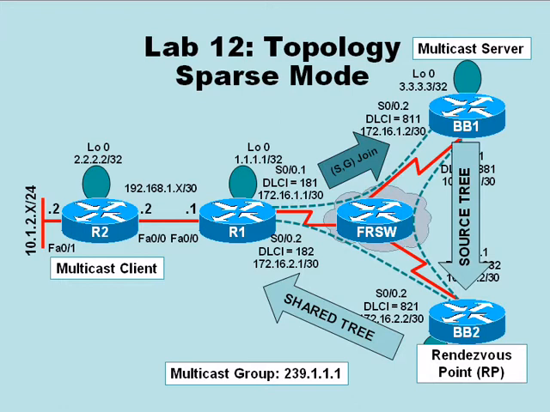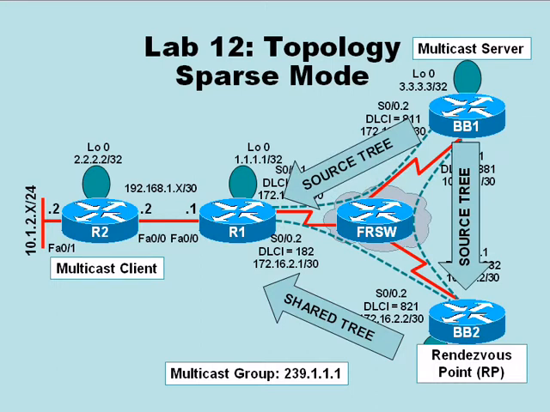It knows that it is receiving traffic from 3.3.3.3, so it says, let's stop using the rendezvous point, let's receive traffic directly from 3.3.3.3. So it sends an S,G join message up to BB1, and that allows us to construct this source tree directly between BB1 and R1.